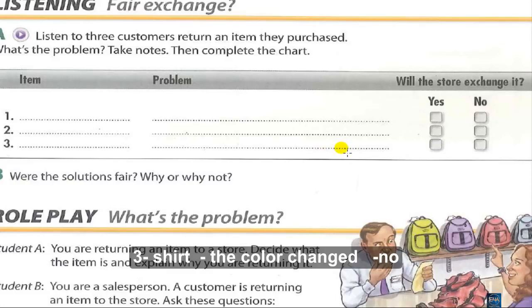He washed his shirt in hot water. It was written that this shirt should be washed in cold water only. Will the store exchange it? Of course not. No.